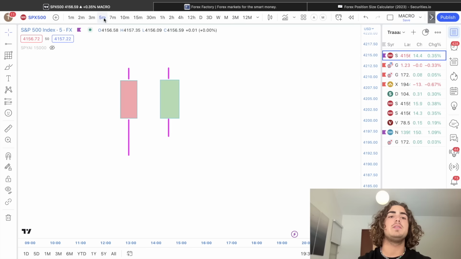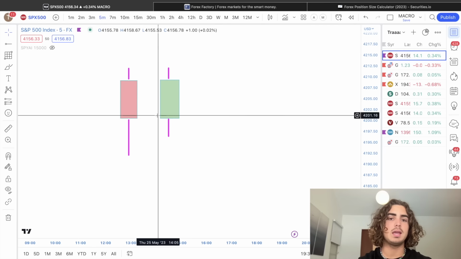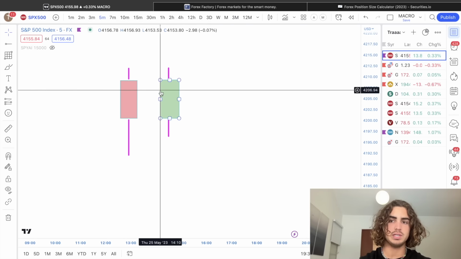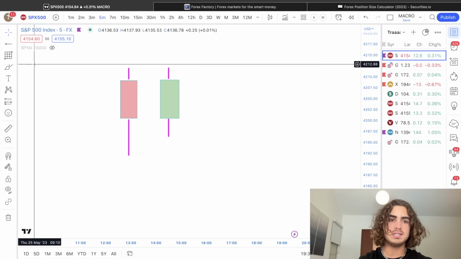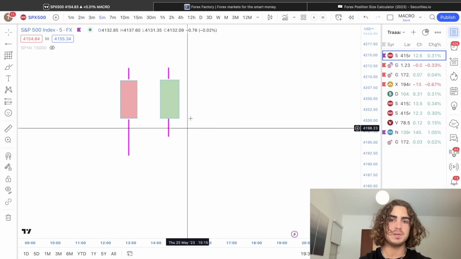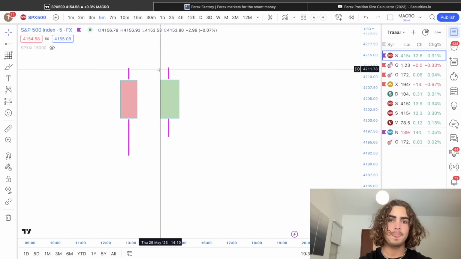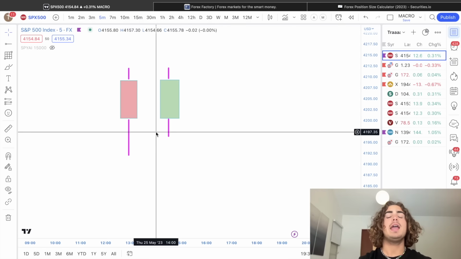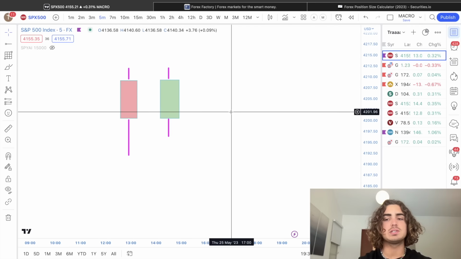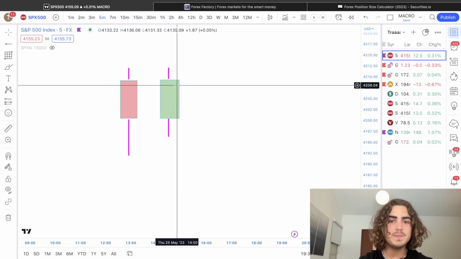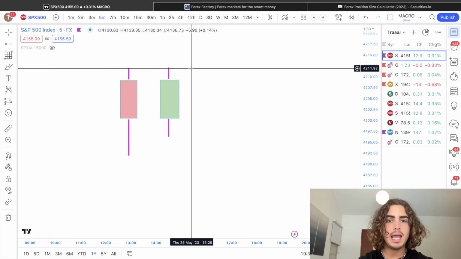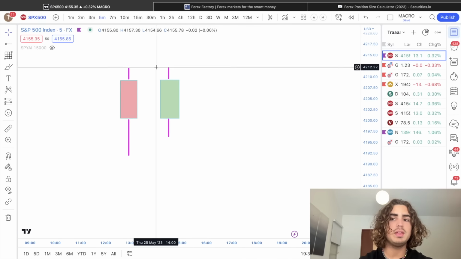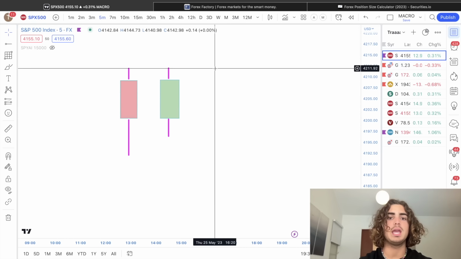So if we are on the 5-minute chart, which we are on currently, one of these candles represents 5 minutes of price action, of price movement. And the reason why these candlesticks are so beneficial is because we can read and see exactly what price did within those 5 minutes with just this one candlestick.